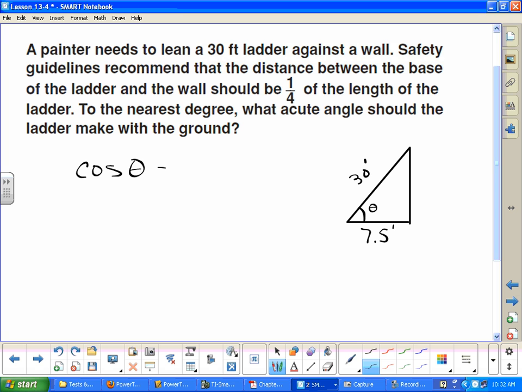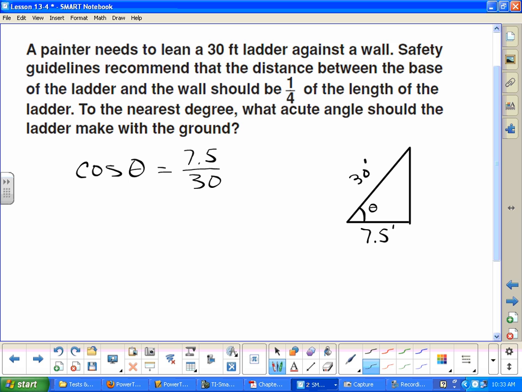Cosine of theta equals 7.5/30. And why did you think that, Ridge? Very good. Okay. Cosine is adjacent over hypotenuse, which is the two parts they give us. All right. So we have cosine of theta equals that.